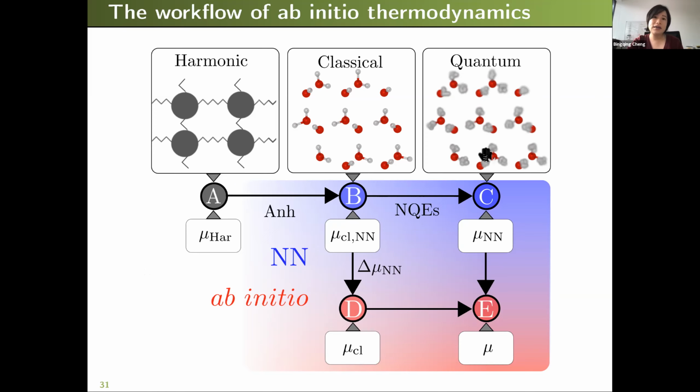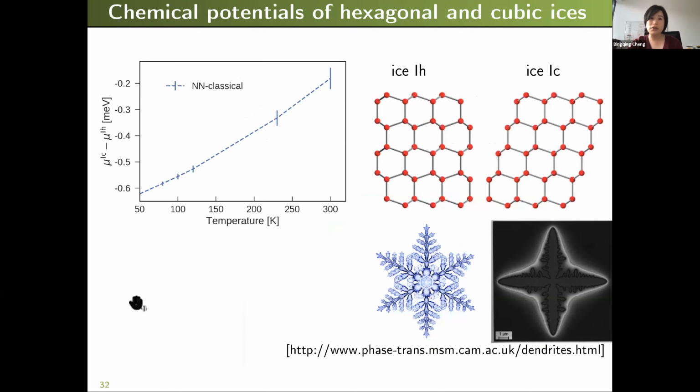And bear in mind that the neural network potential, whatever machine learning potential that you use, is not the reality, right? It's sort of an imitation of the reality. So there's always some small residual difference between your reference, your ground truth, and the machine learning potential. So typically we also add a correction term on top to bring it to the true ab initio level.